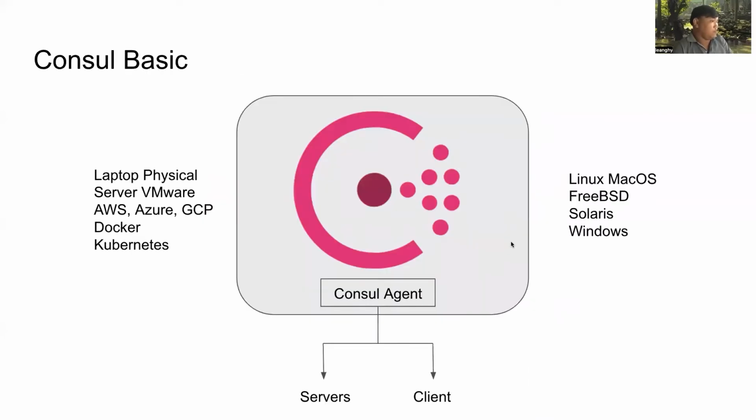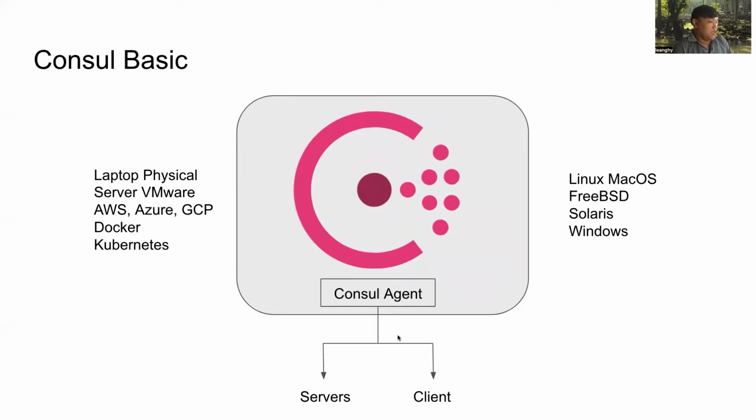So Consul basics look like this. In every Consul, we have the agent, and we have server mode and client mode. Consul can be used with a laptop, physical server, VMware, AWS, Microsoft Azure, Google GCP, and Docker and Kubernetes.